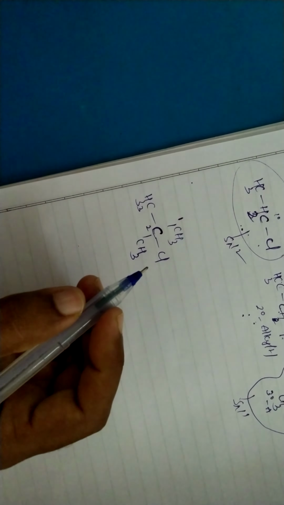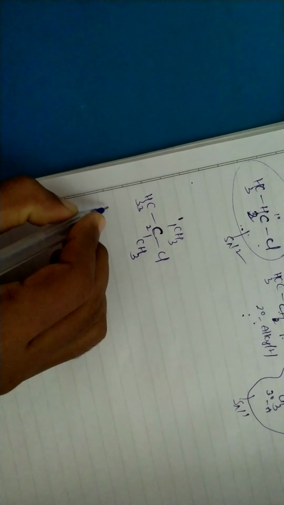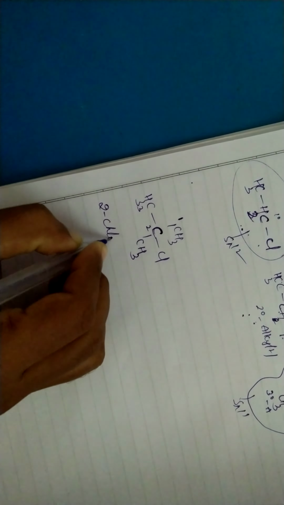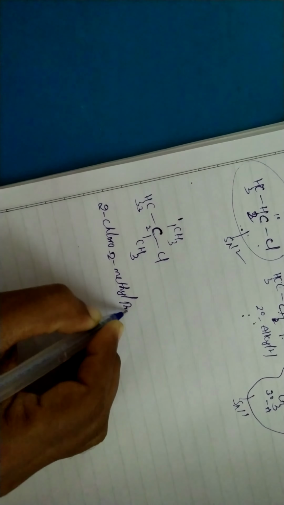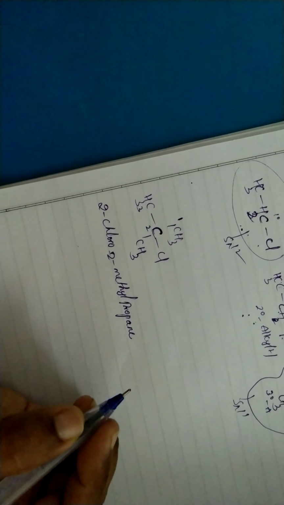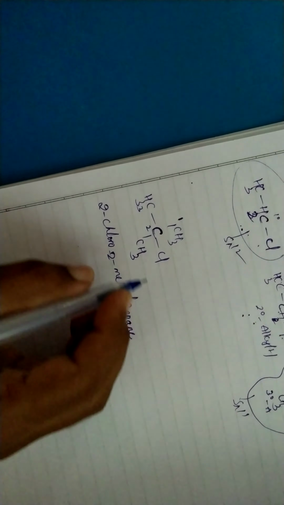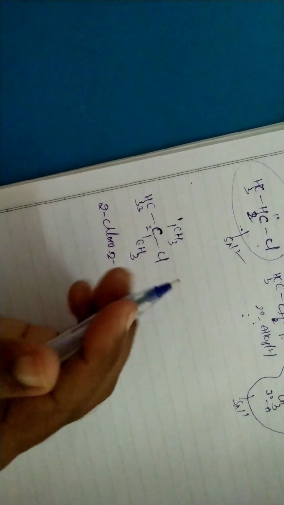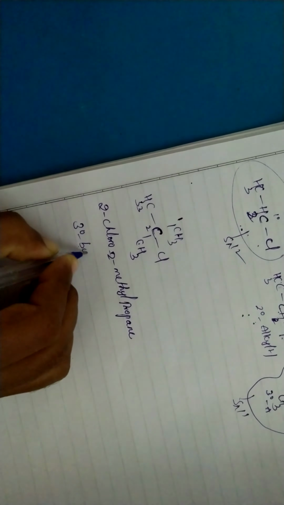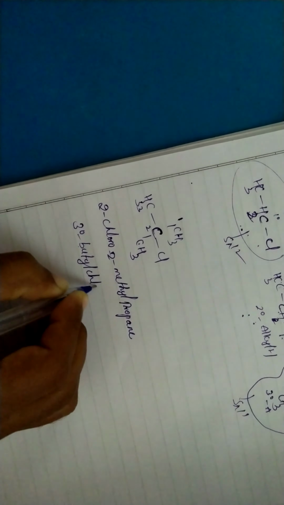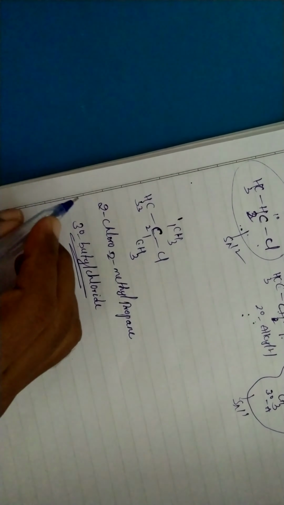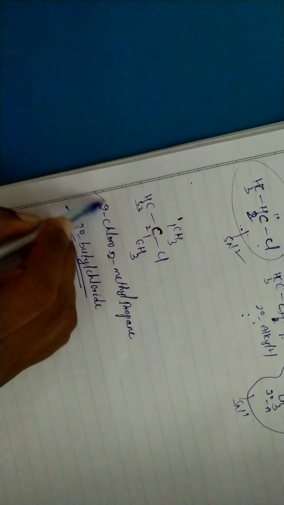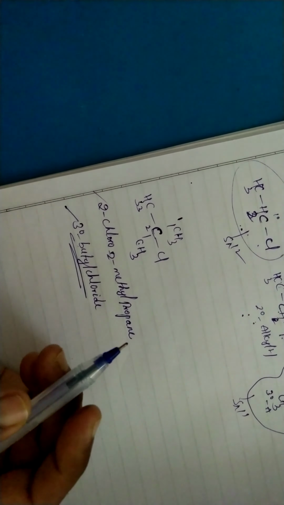If we are giving the IUPAC nomenclature, we can tell it is 2-chloro-2-methylpropane, or simply we can call it a tertiary alkyl halide. Totally we have 4 carbons, so the common name of the compound is tertiary butyl chloride. 2-chloro-2-methylpropane is the IUPAC nomenclature.